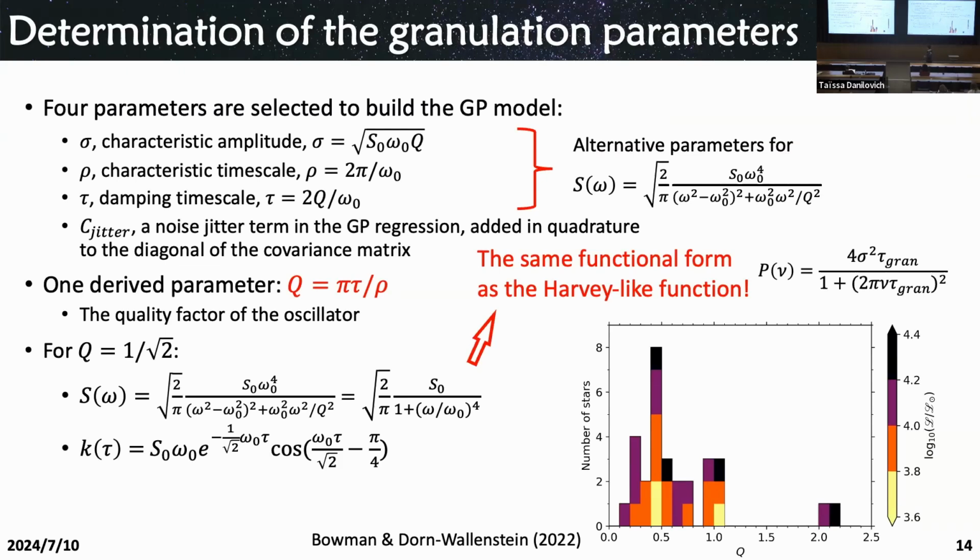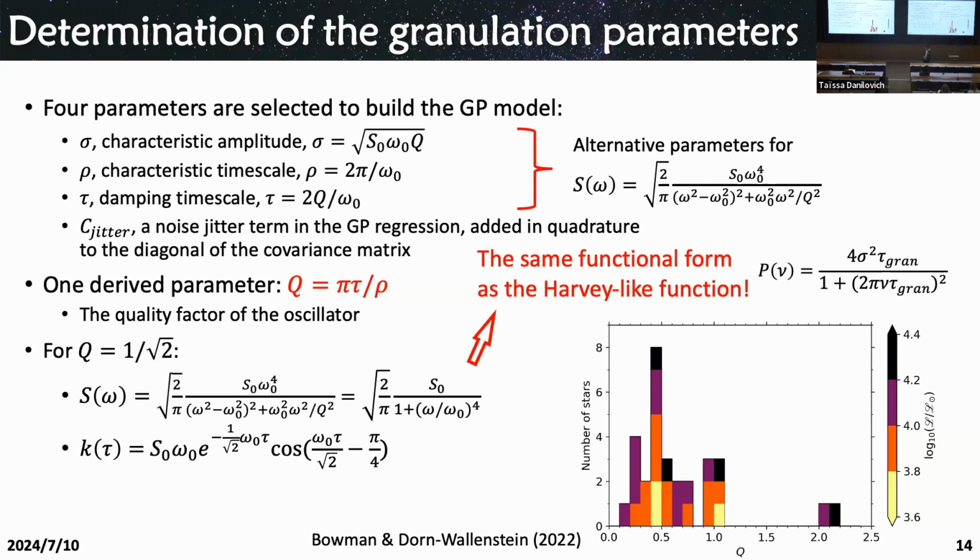These three parameters are alternative parameters for the PSD of the SHO kernel, and a noise jitter term in the GP regression, C jitter, to represent the white noise in the light curves. There's also a derived parameter Q equals pi tau over rho, which means the quality factor of the oscillator. Specifically, if Q equals 1 over square root of 2, the PSD simplifies to this form, and this is similar to the Harvey-like function shown here.